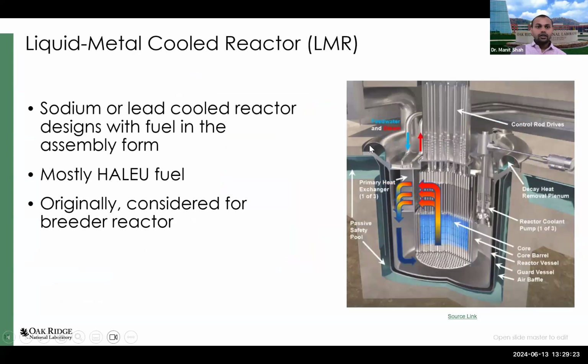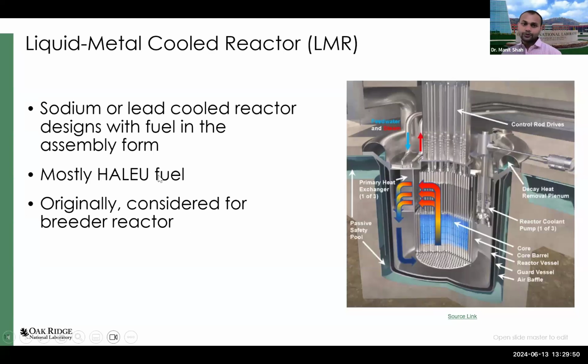Okay. Now, to talk about the liquid metal cooled reactor, in some sense, except for the coolant, it's closely similar to a light water reactor. Fuel assembly form, enrichment is slightly higher, LEU fuel. They may use a blanket as well for breeding, which is why some of them are called breeder reactors.